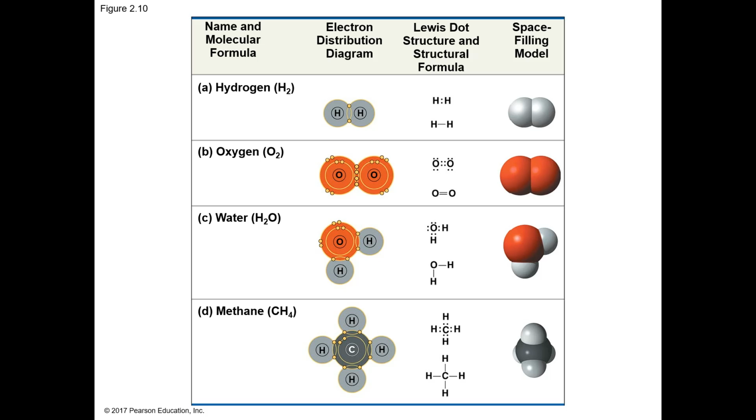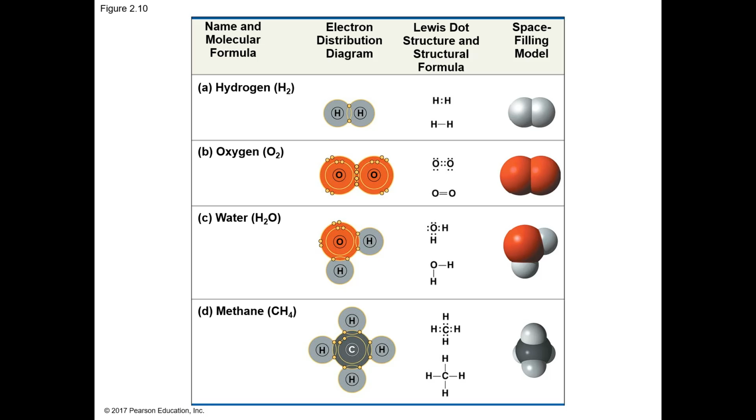Okay, water, H2O. Now you have hydrogens bonded to oxygens, and oxygens sharing electrons with hydrogens. So you've got your electron distribution diagram there showing you've got the 8 outermost electrons in the oxygen, making it stable, and 2 for hydrogen, because hydrogen only gets 2 in its outermost shell. So it shows the H2O structure there.